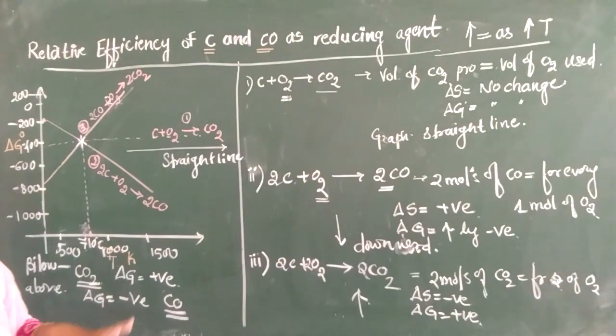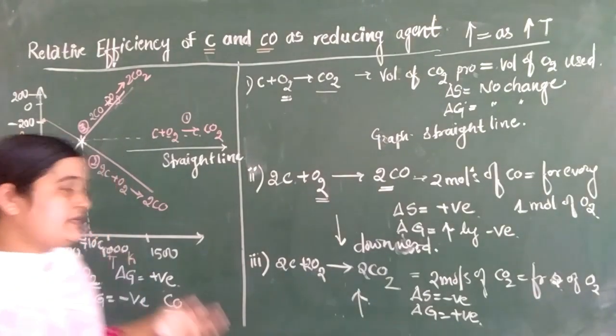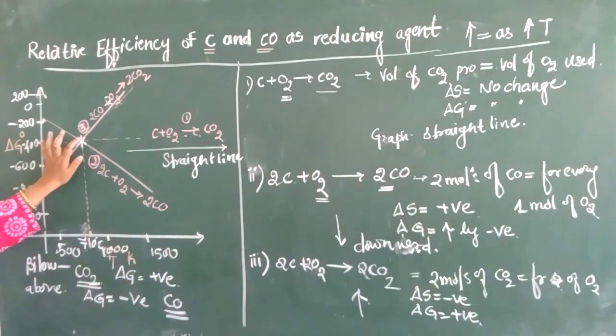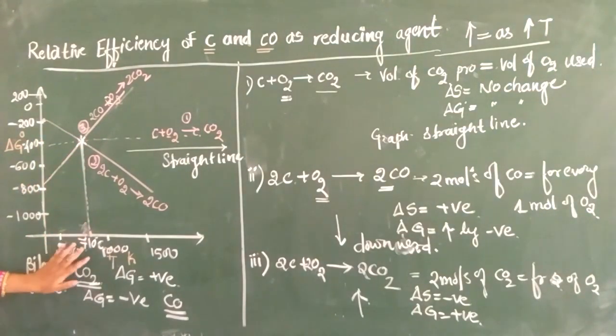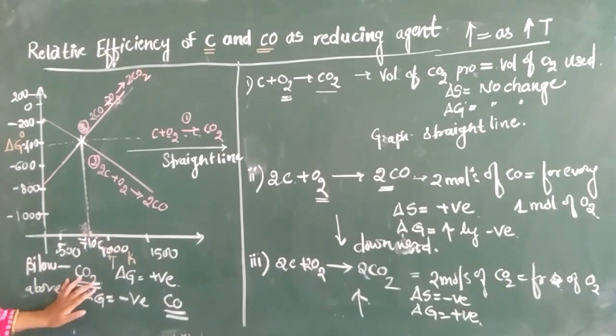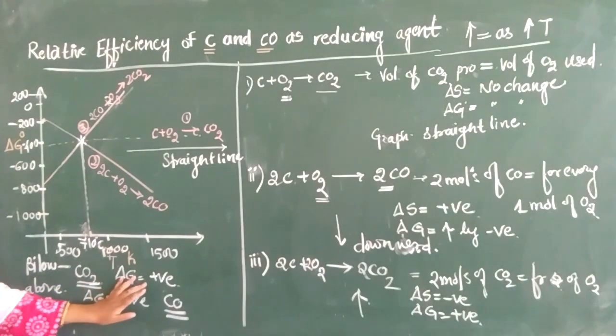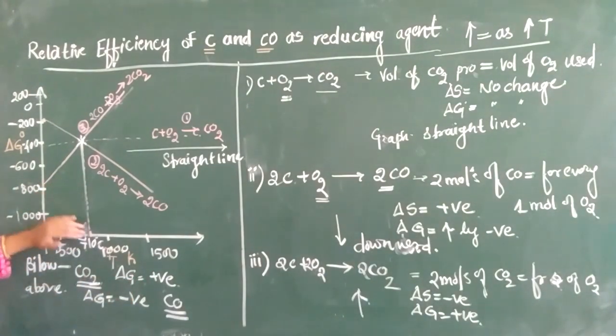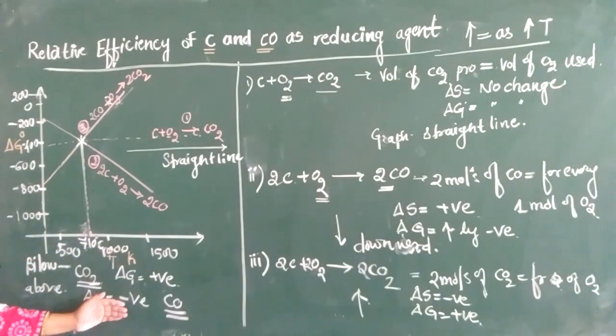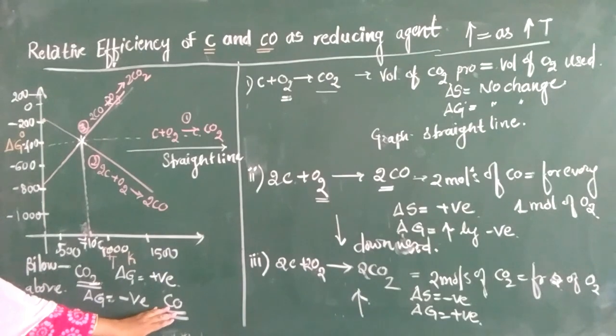The conclusion is that a particular point is reached where the graphs intersect at a particular temperature, that is 710 degrees Celsius. Below 710 degrees Celsius, delta G values are favorable for the formation of CO2, where delta G is positive, and above 710 degrees Celsius, delta G values are negative for the formation of carbon monoxide.